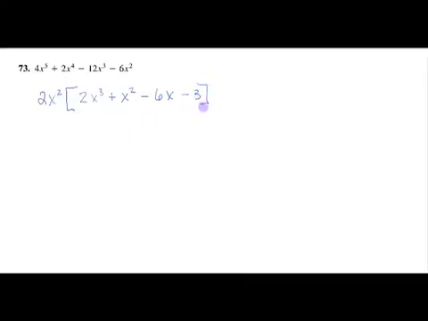You'll notice that I've used square brackets. That's because we're going to have to keep this greatest common factor in front, and we'll factor the inside by grouping. So it's important to keep the square brackets, so that the whole time we have this multiplying everything in the square brackets.